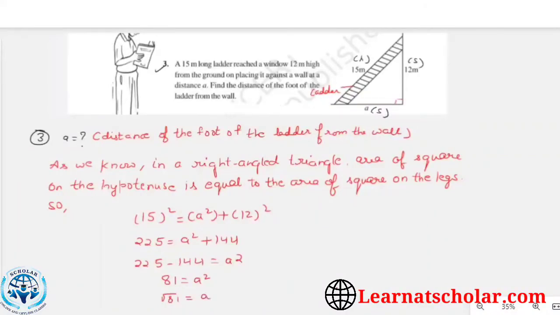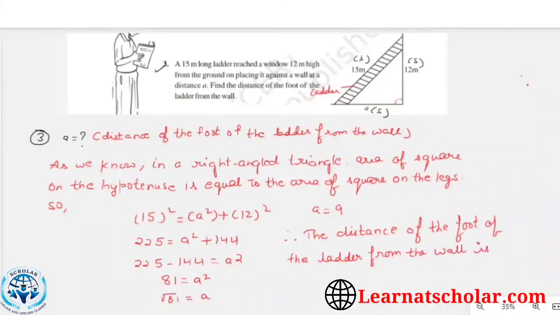So the value of A is equal to 9. The distance of the foot of the ladder from the wall is equal to 9 meter.